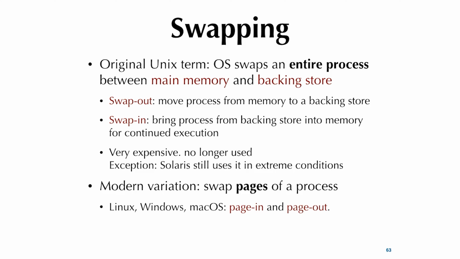So you can do page in, page out on most modern operating systems: Mac OS, Linux, Windows. But these OSs tend not to do swapping for the entire process. Solaris can still do it in some extreme conditions, but really the modern trend is doing page in, page out.